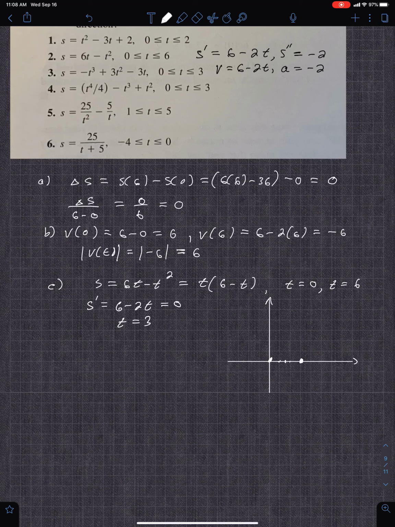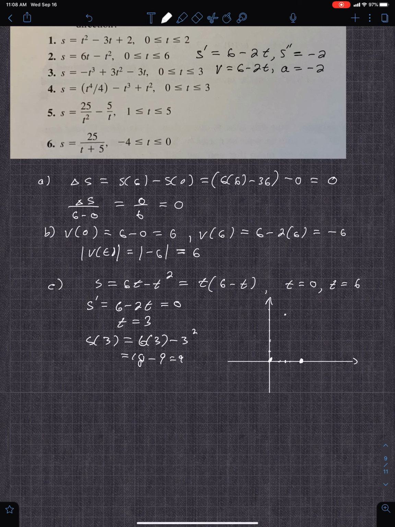So what that is, that horizontal tangent line. So up here, and it goes up to, well, we'll find the value. S of 3 is 6 times 3 minus 3 squared. So 18 minus 9, so 9. So 2, 4, 6, 8, 10, so it would be right about here.